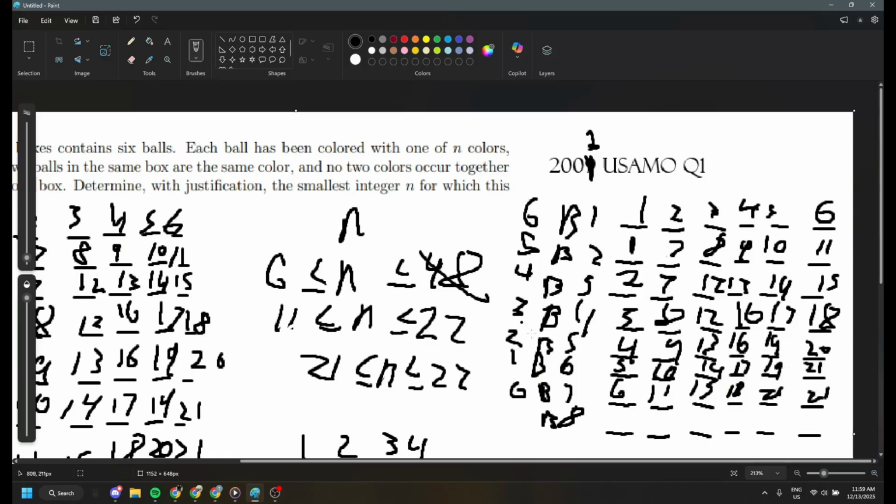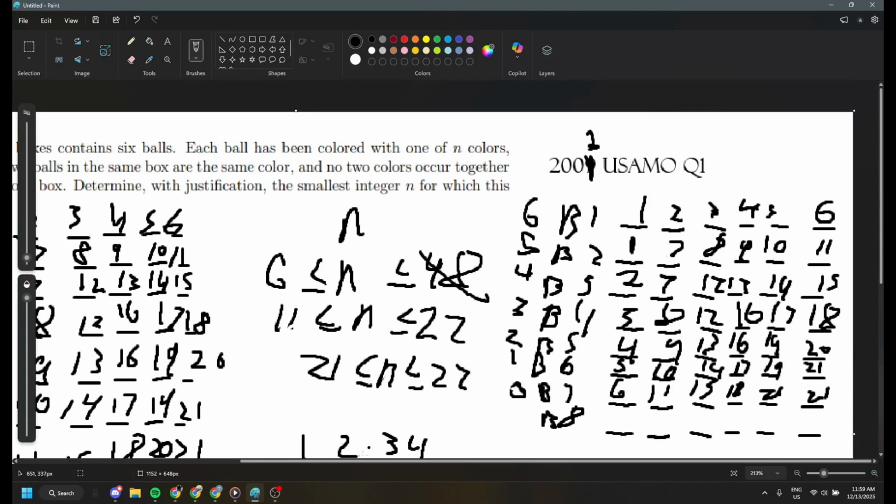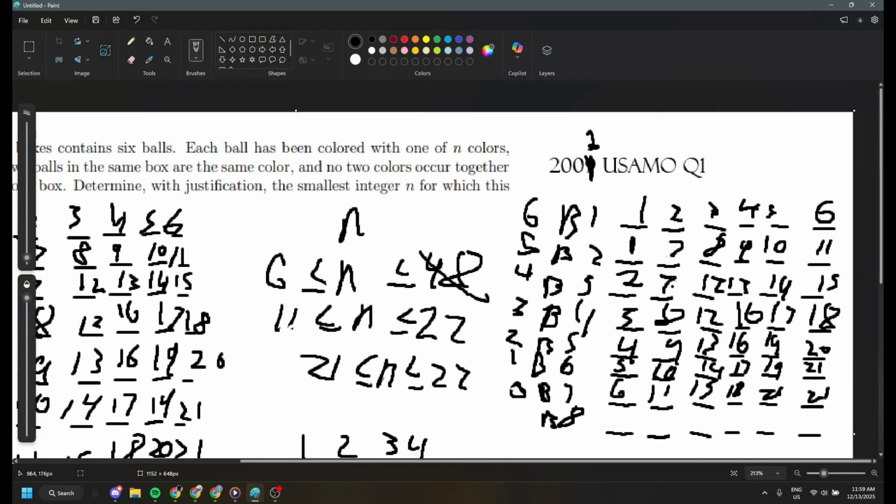So for the 7 boxes, we need 21. This last box, what can we do? What did I do here?